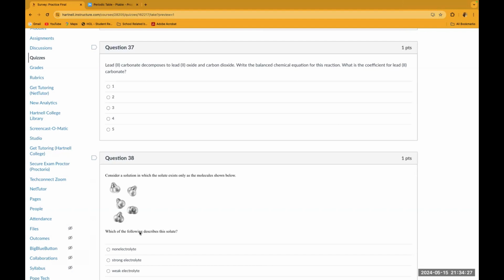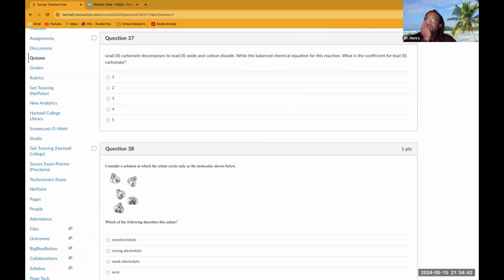Lead 2 carbonate decomposes to lead 2 oxide and carbon dioxide. Write the balanced chemical equation for this reaction. What is the coefficient for the lead 2 carbonate? So lead 2 means it has what charge associated with it? 2 plus.